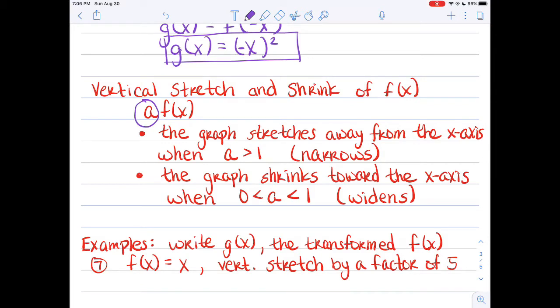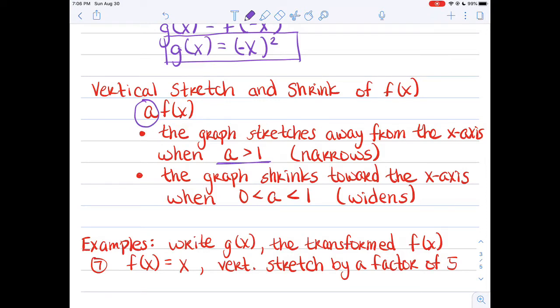The graph is stretching away from the x-axis when a is greater than 1. So it's getting narrower, it's getting further away from the x-axis and going towards the y-axis, stretching towards that y-axis if a is greater than 1.